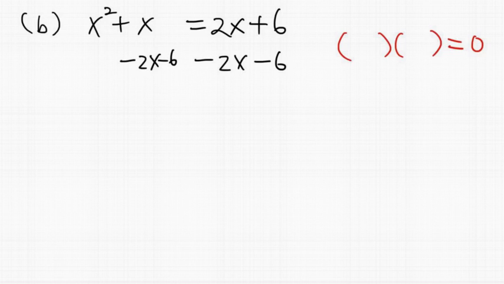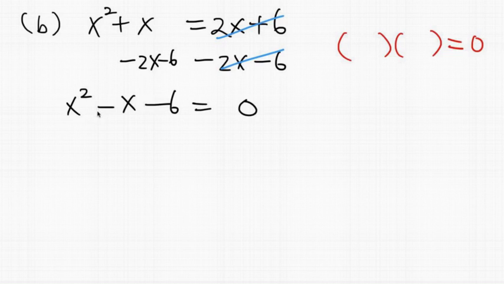So subtract 2x and subtract 6. The right-hand side is 0. And the left-hand side is x squared, and x minus 2x is minus x, and we have minus 6.